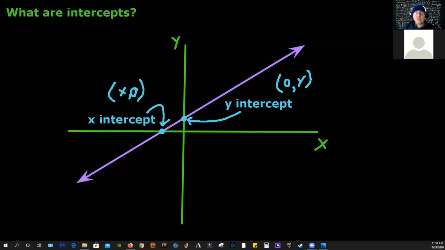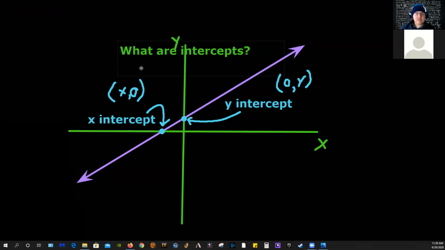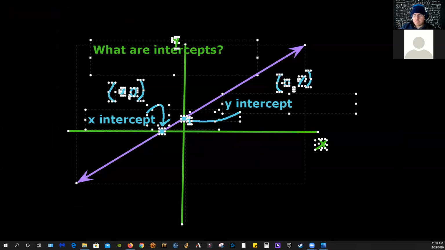An x-intercept always has a y value of 0, and a y-intercept always has an x value of 0. Those are really, really important to understand. So when we're doing the most basic of the basic problems, we use all this.